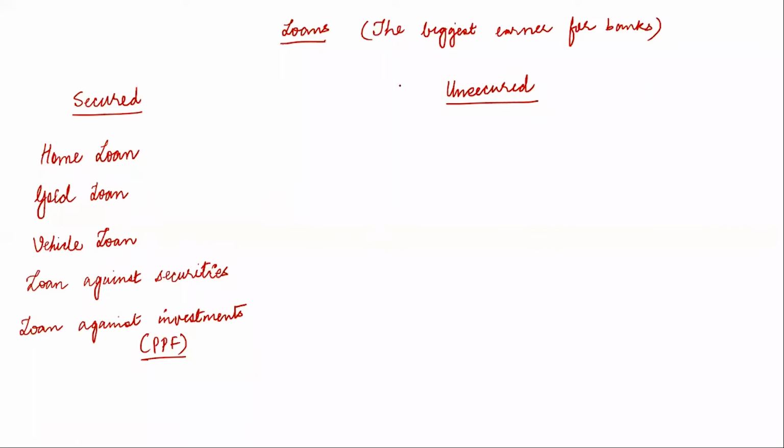Aishwarya has answered that, and I think three, four of you have answered. Credit cards. All of you are right, by the way. Credit card loan, and then what were the other examples? Education loan. Education loan normally is unsecured.